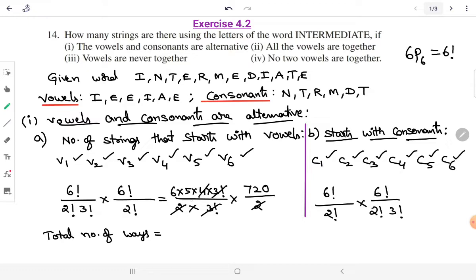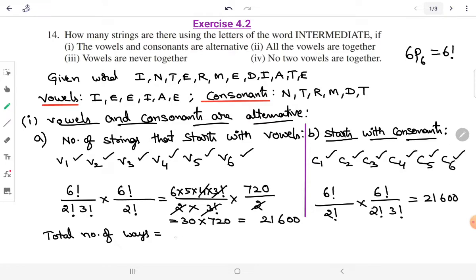And then here you have 6 5s are 30. 30 into 720. So 2 zeros. 3 2s are 6. And then 3 7s are 21. So this is 21,600. Then the same answer also you will get here, 21,600.